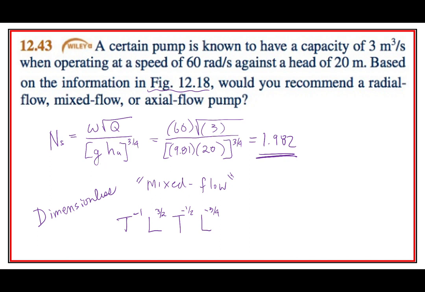So instead of 3/4, it's going to be 3/2, and it's going to be positive. So it's going to be time to the 3/2. And then lastly, we're going to have a length that's to the 3/4, but it's underneath.